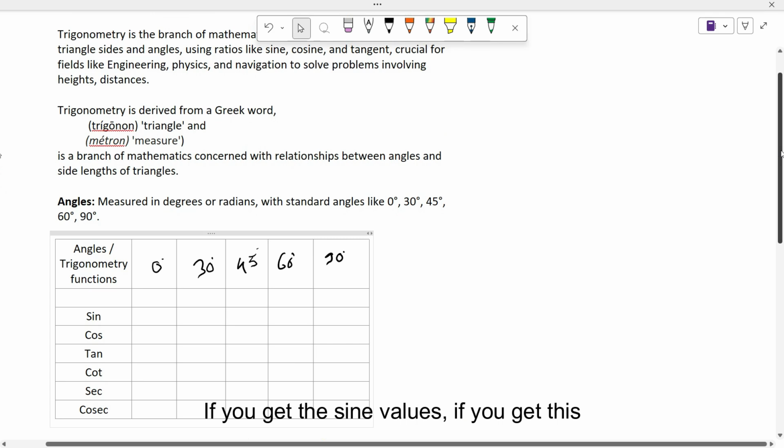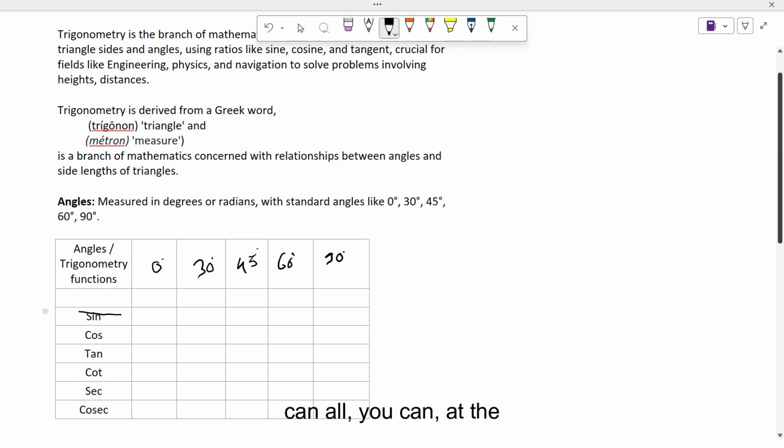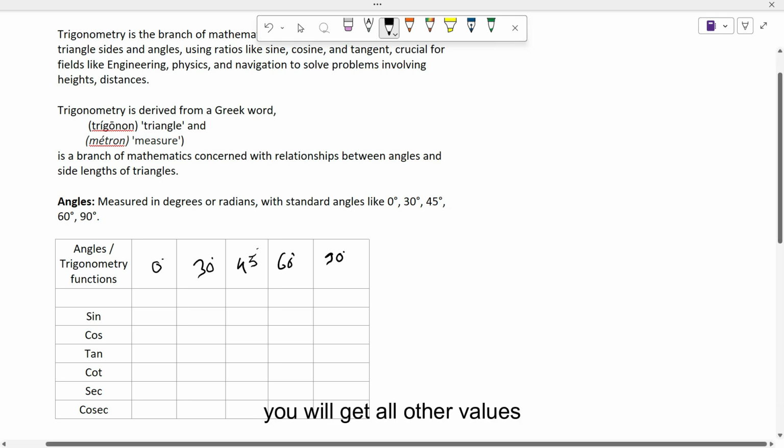If you get the sine values, if you calculate this particular row, you will get all other values from these sine values.